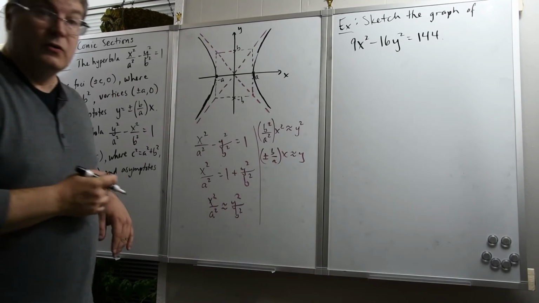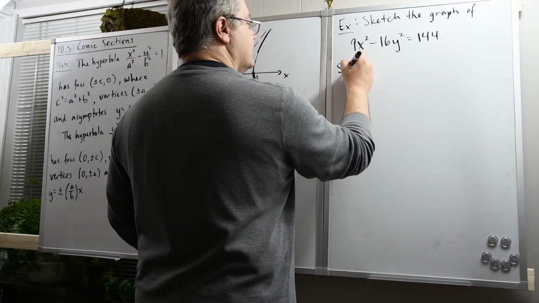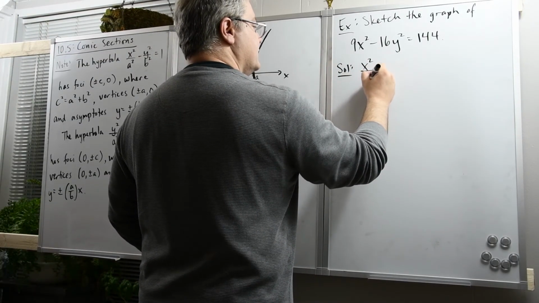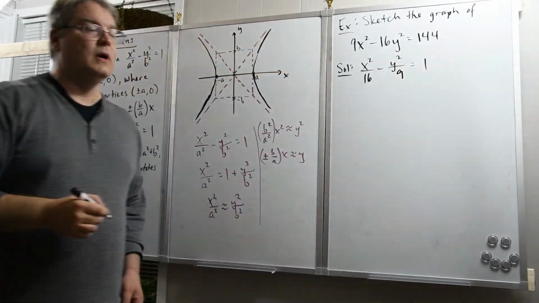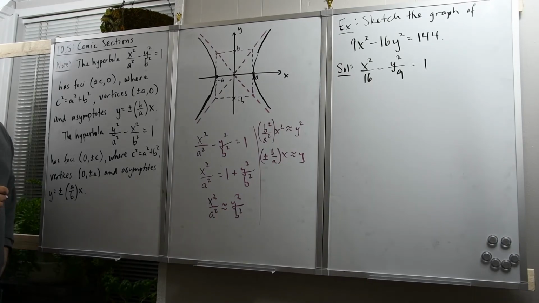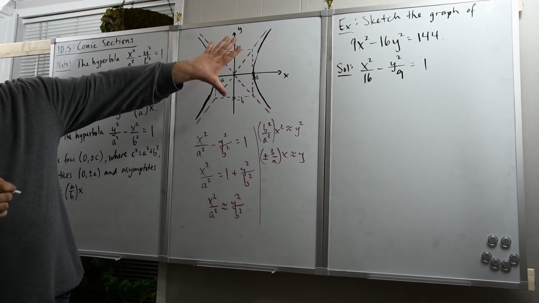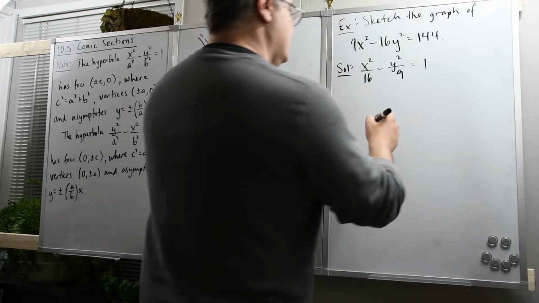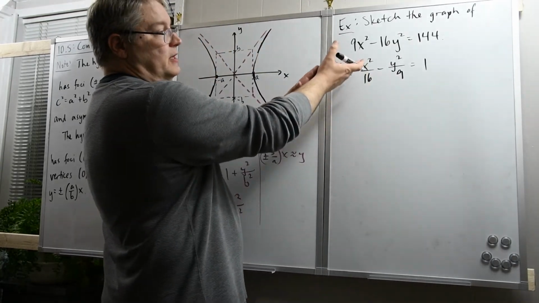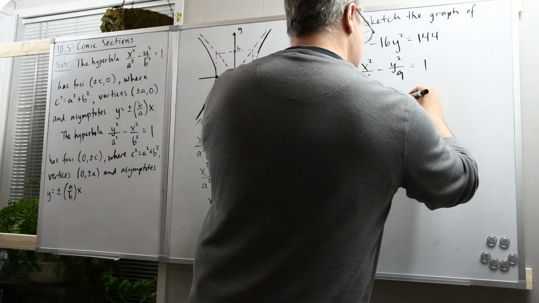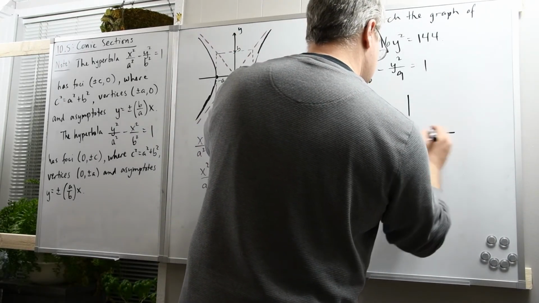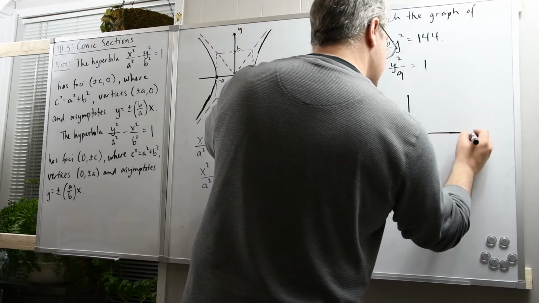Divide both sides of this equation by 144, and we'll have x squared over 16 minus y squared over 9 is equal to 1. We can go back to this idea. We know that with the positive associated with the x squared part, the hyperbola is going to open left and right. Center is going to be located at the origin.